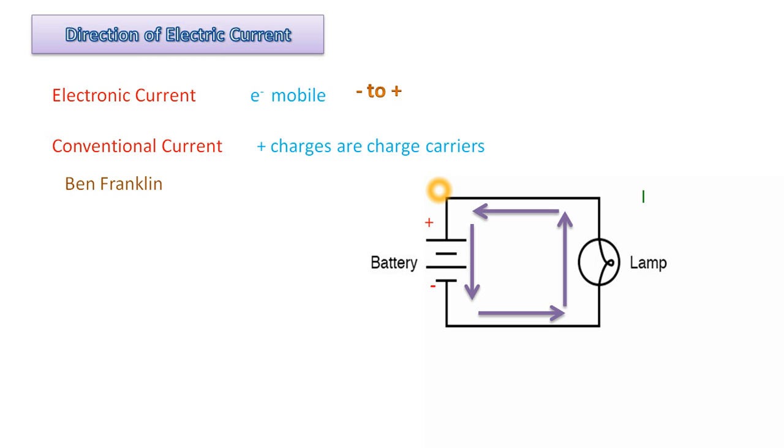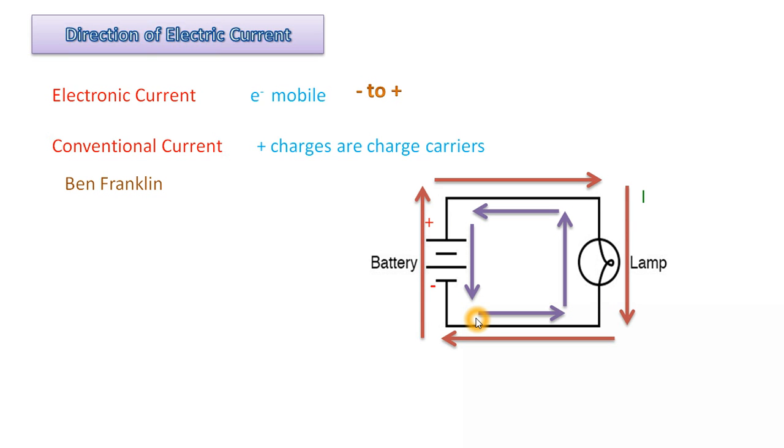Now, looking at the circuit, what would be the direction of positive charges? Obviously, it's going to be opposite to that of electrons. For electrons it was from negative to positive, but in the case of conventional current, it's from positive to negative. So the positive charge would move in this direction.